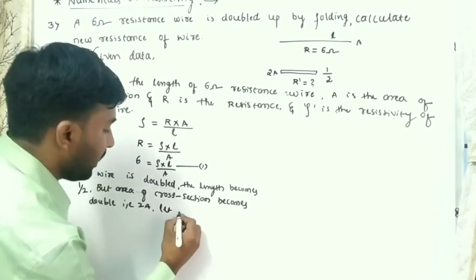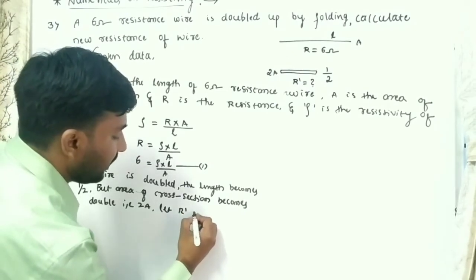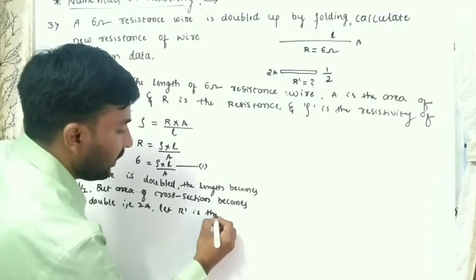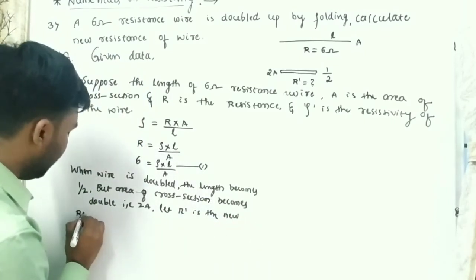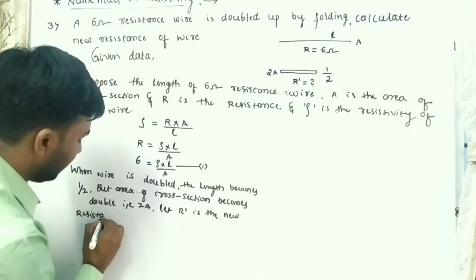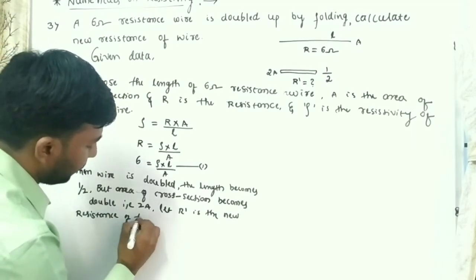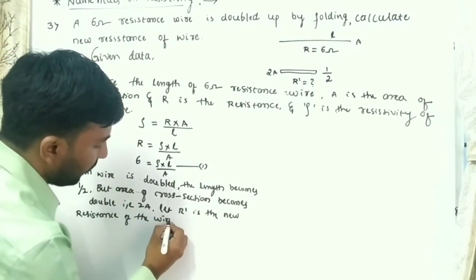Let R dash be the new resistance of the wire.